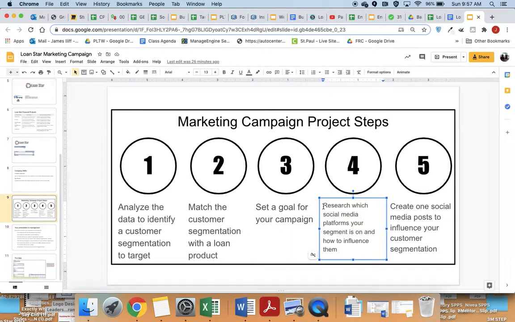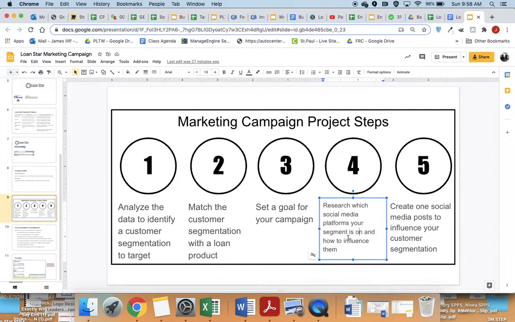Next, you're going to do some research on which social media platforms your target segment uses. If you can imagine, 19-year-olds use different social media platforms than 60-year-olds use. And so you got to go out and do some research and figure out which social media platforms your customer segments are using.